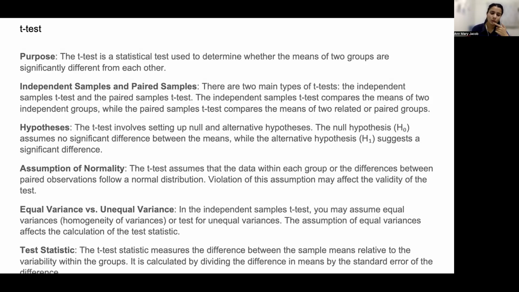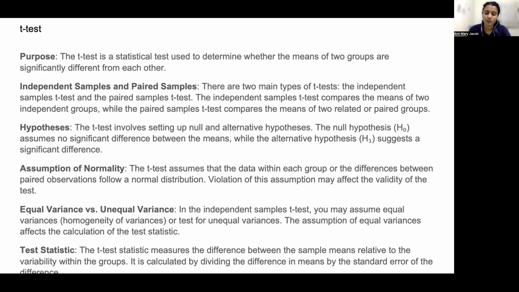So to put it into words, let's say in terms of compassion fatigue, our first example, a null hypothesis would state that there will be no difference between the compassion fatigue levels between the nurses and the teachers. And an alternative hypothesis will state that there will be a statistically significant difference between compassion fatigue levels of nurses versus teachers. So that is the hypothesis. I'm sure you're already familiar with null and alternate hypotheses.